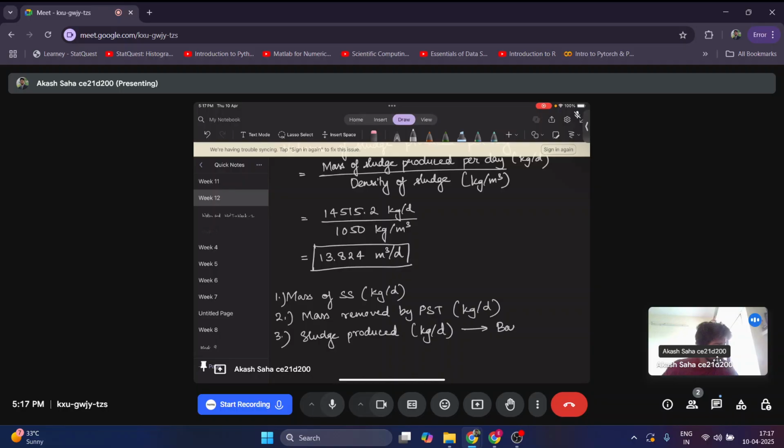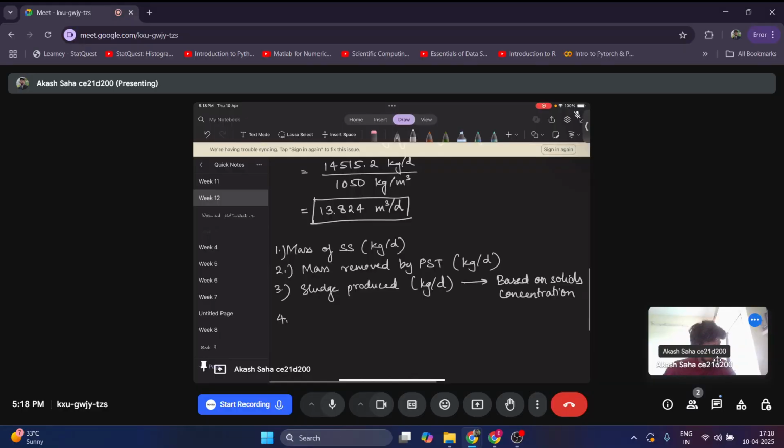This is based on solids concentration. So based on the concentration of solids, the sludge produced will be obtained. Once we get the sludge produced, we will calculate the volume. So these are the four things you have to take into consideration. The mass of the suspended solids will depend on Q into the concentration. Here it will depend on the efficiency, then the solids concentration, and then the volume will depend on the density.